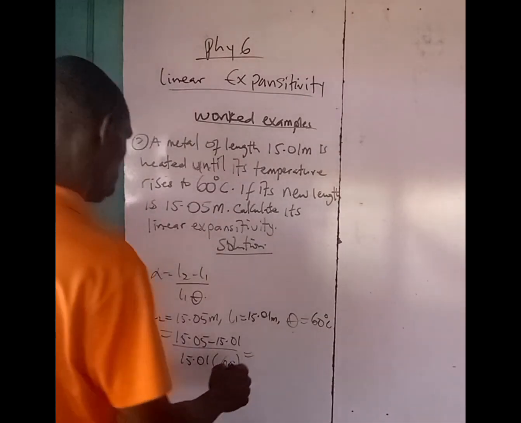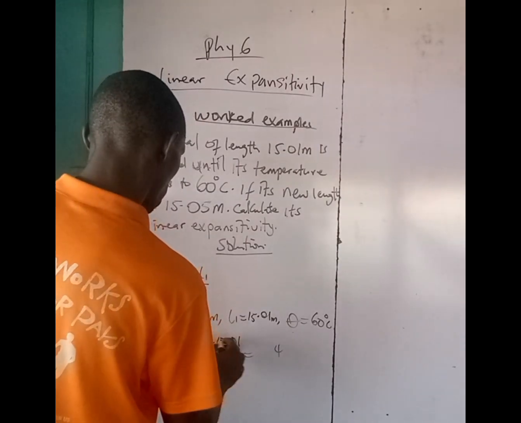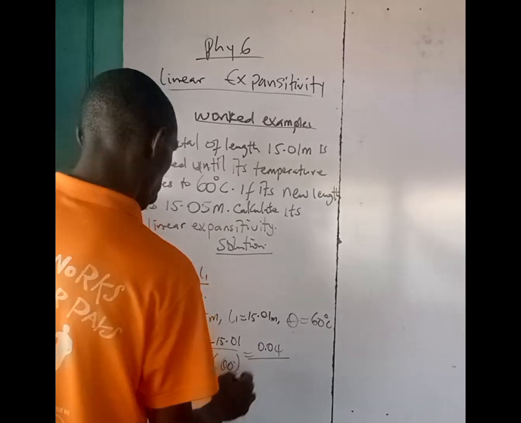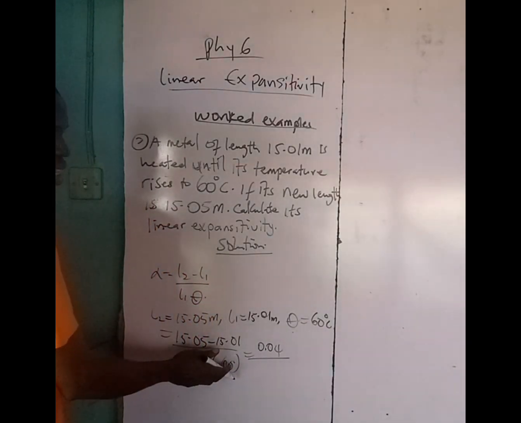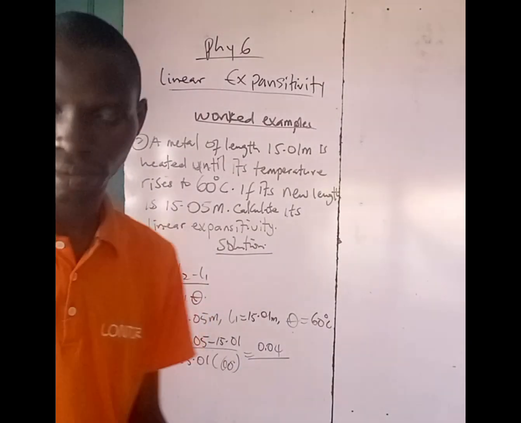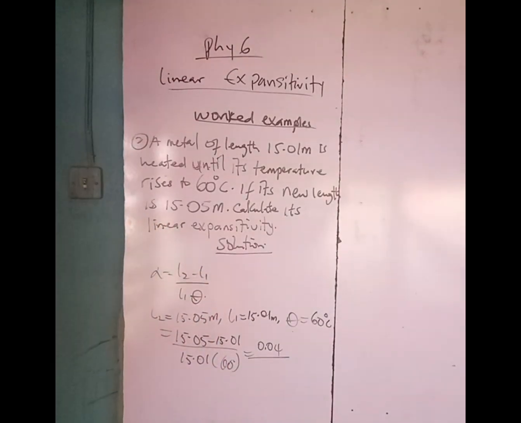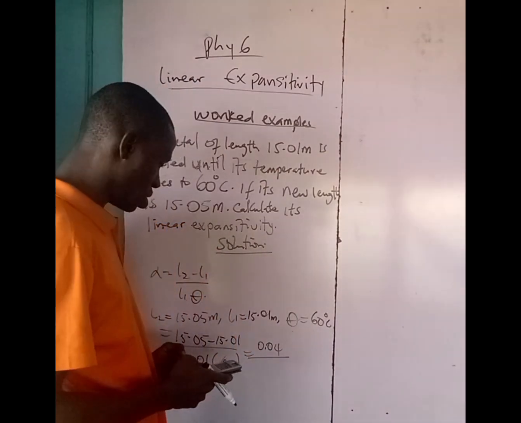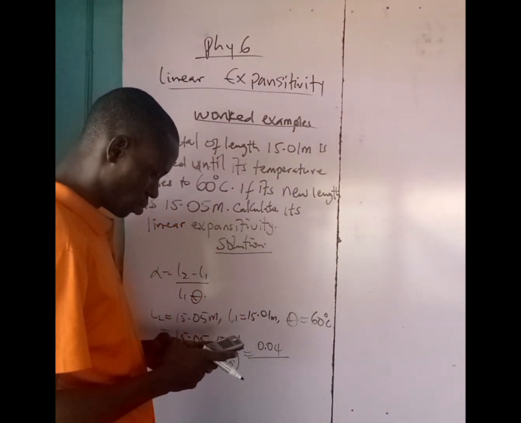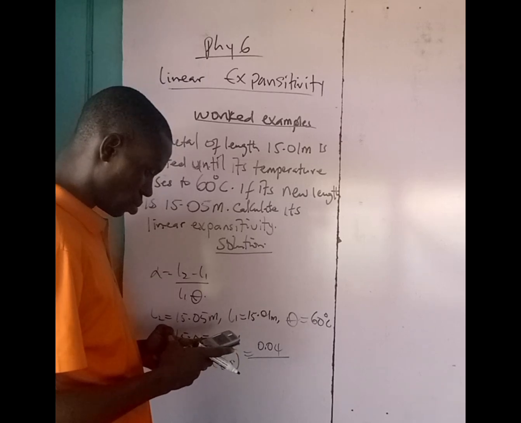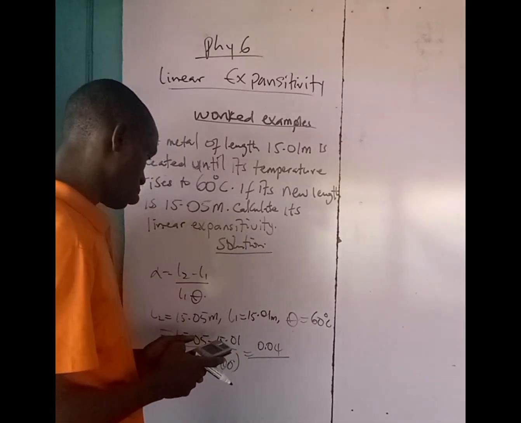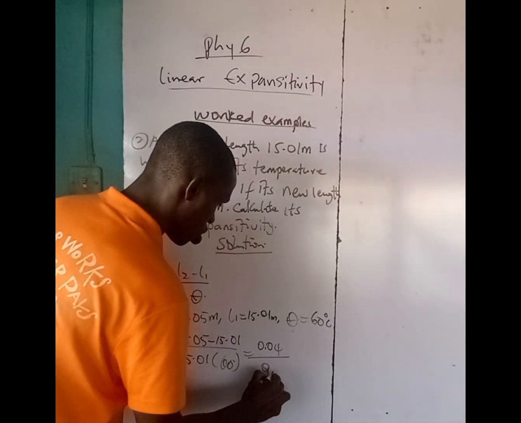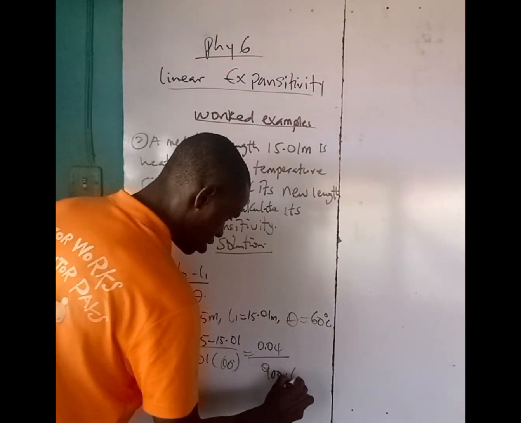This will give us 0.04 over this times this, 15.01 times 60. 15.01 times 60 is going to give us 900.6.